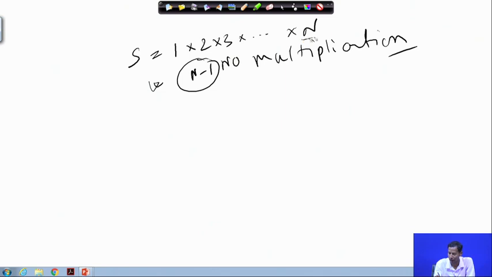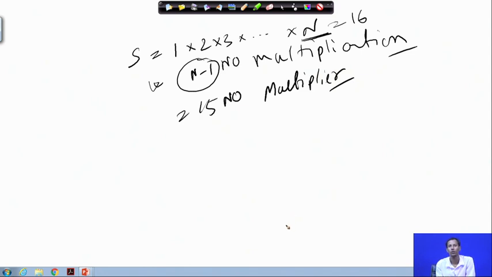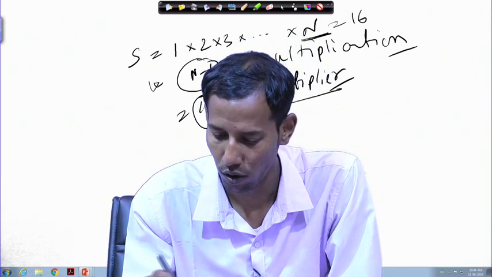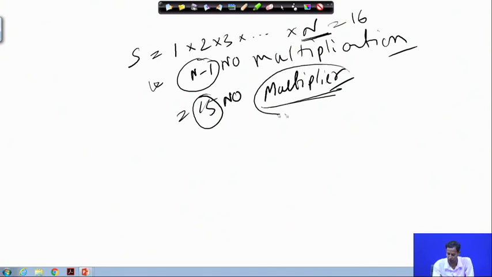If n increases, let us consider n is 16, at that time I need 15 multipliers. If I increase n to higher values, this number will also increase, and as we know the corresponding hardware cost for a multiplier design is on the higher side.